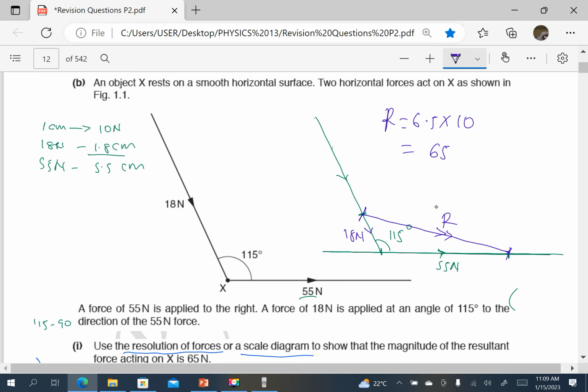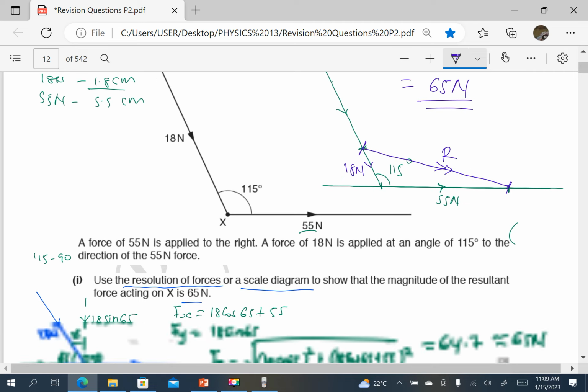That gives me 65 newtons as the result. So you just measure the length represented by R and you multiply by the scale. That will be the resultant as required.